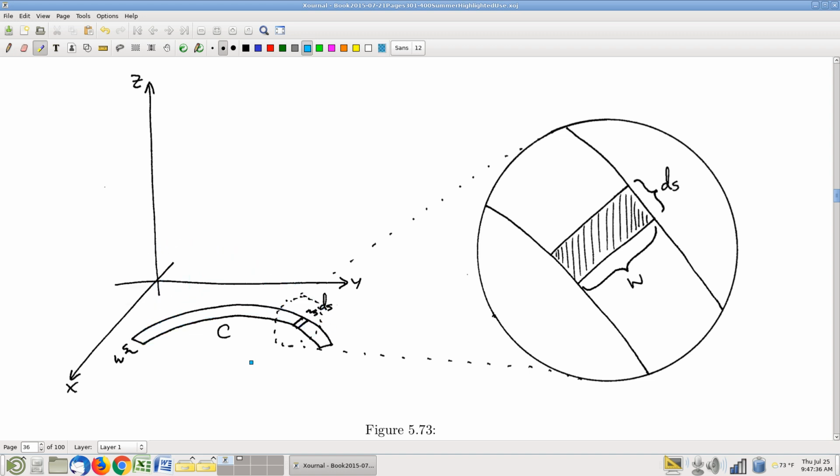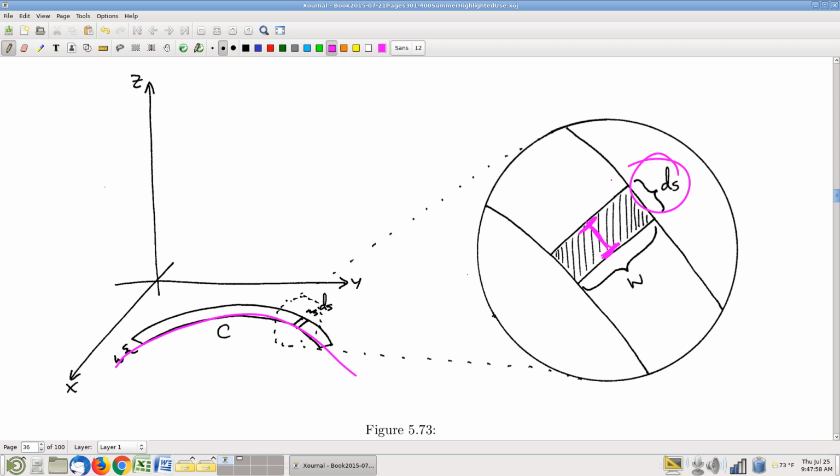Well, we're going to take our curve and chop it up into little pieces. That curve, moving along like that, we're going to focus our attention on one little bit of that curve. A little piece of curve of size ds, delta s if you prefer, but we're using integral shorthand.